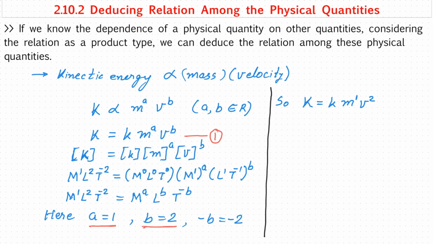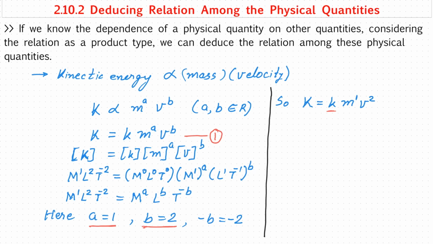But for this we need to do one experiment of finding kinetic energy, and from that experiment we can find out the exact value of small k. That exact value will obviously come 1 by 2.